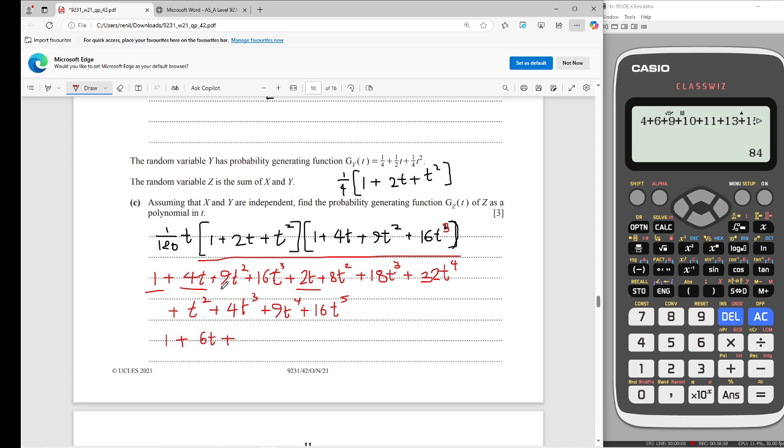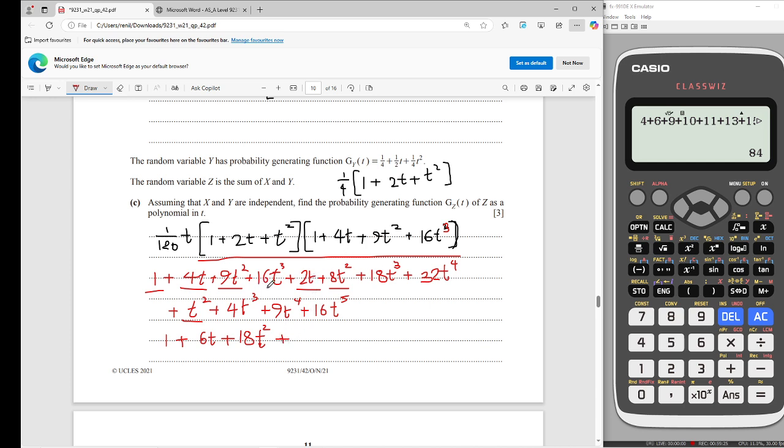Plus t squared now: it's going to be 12, let's see, so not 12, sorry, it's going to be 18t squared.